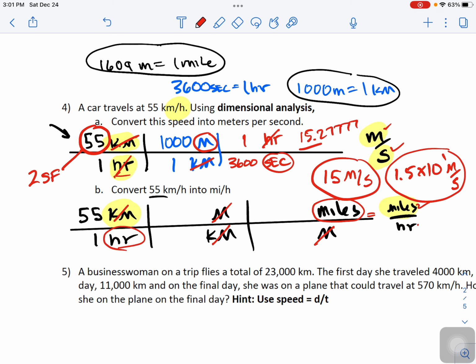Hours in the denominator, check. And then I plug in my conversion factors, and there are 1,000 meters in 1 kilometer and 1,609 meters in 1 mile. It'd be really easy to get those inverted or flipped over or upside down if you were not careful in following your units. Okay, that's why we take pains to set that up so carefully.